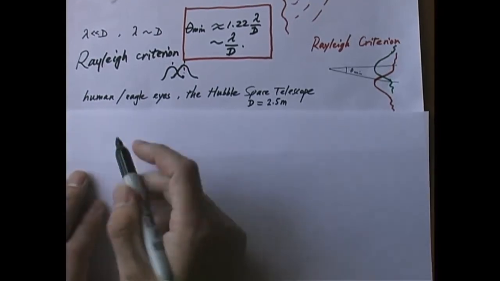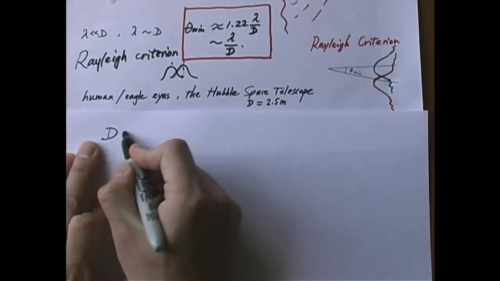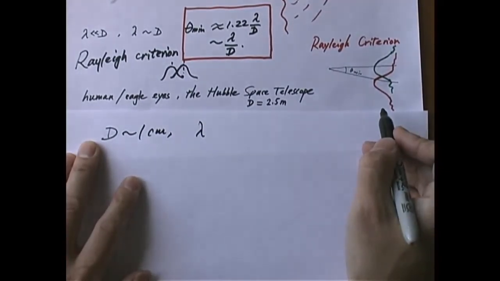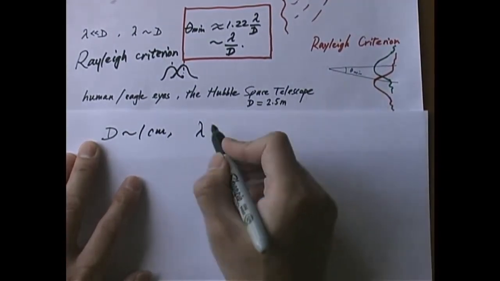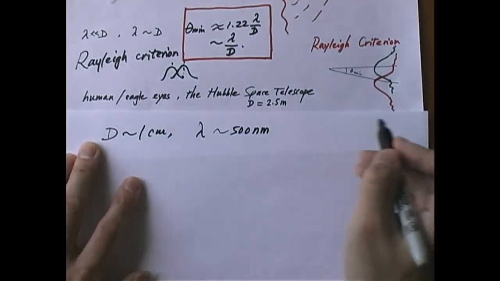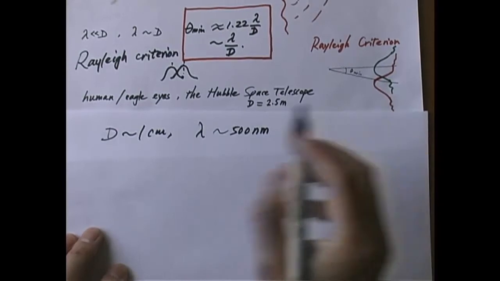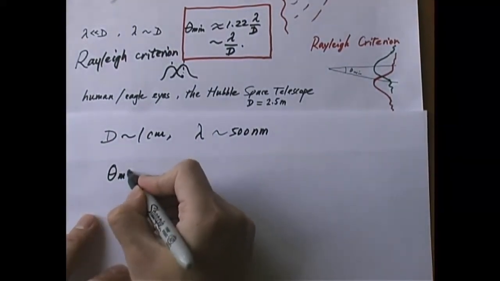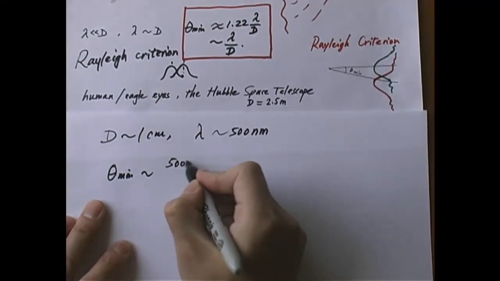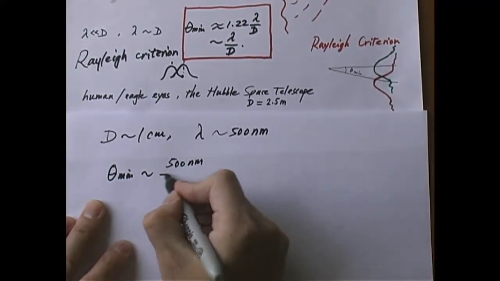So you have theta minimum, where d is about 1 centimeter, and for lambda we use the center of the visible light spectrum, about 500 nanometers, and each nanometer, as you know, is 10 to the negative 9 meters. So theta minimum, the minimum angle of resolution, would be about 500 nanometers divided by 1 centimeter.